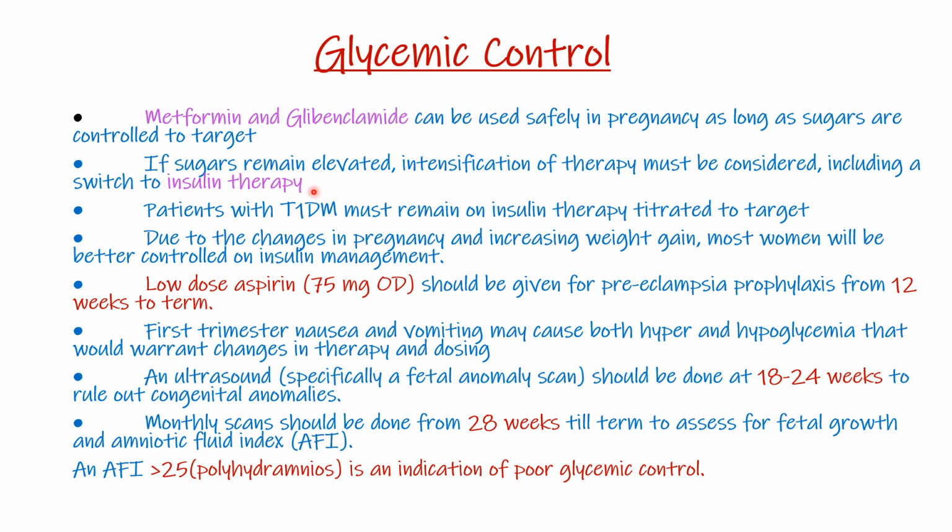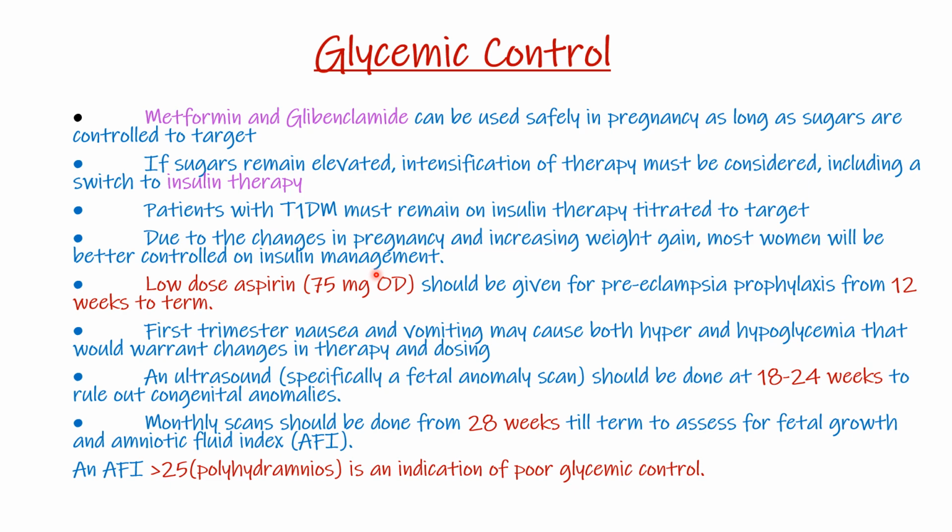I hope you are okay. And then patients with type 1 diabetes mellitus must remain on insulin therapy titrated to targets. Due to the changes of pregnancy and increasing weight, most women will be better controlled on insulin therapy. So I hope you are okay in terms of glycemic control. So we said there are two types of diabetes, type 1 and type 2.